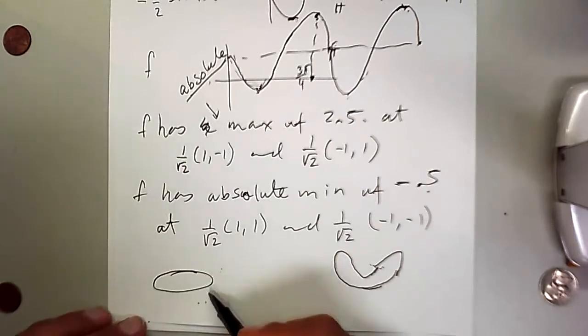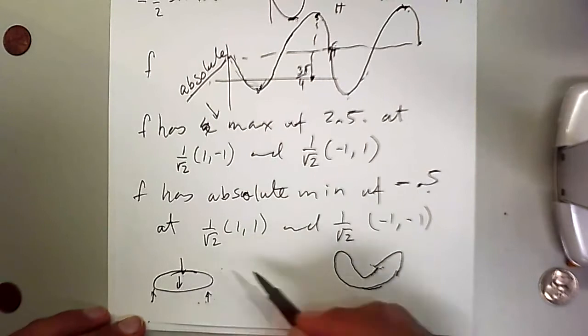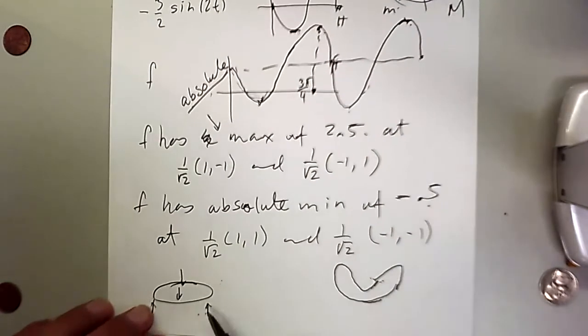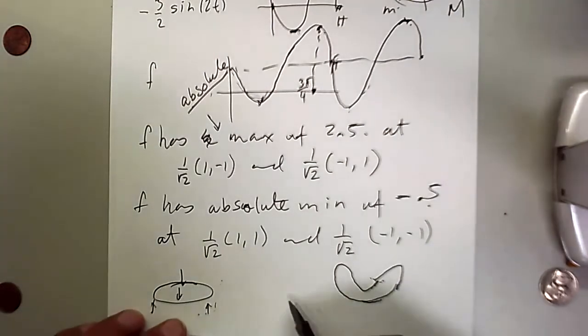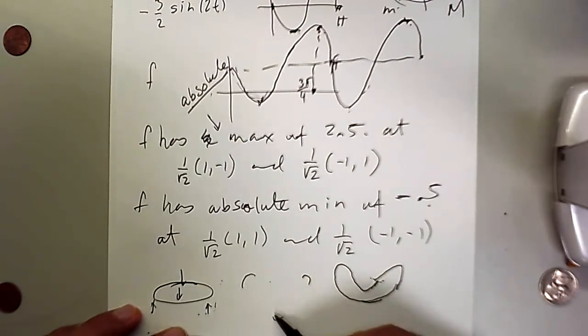Just lift up on two sides, push down on the other two ends, and we end up with the maximums and the minimums. Yeah, that's a bad picture because we end up with maximums and minimums, but then we have a saddle point in between.